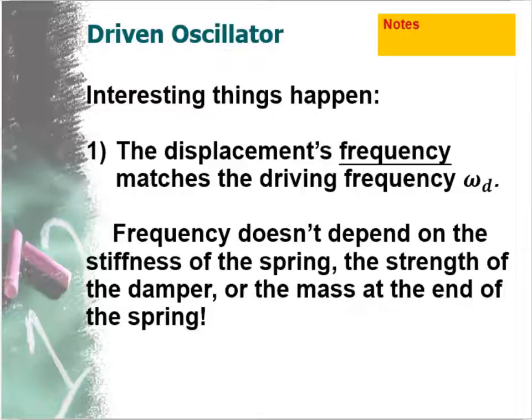Or yesterday we learned that the damping constant b also has an effect on the frequency at which that system will oscillate. But now that we're driving it with an external force that has a frequency omega d, all of that goes out the window, which is kind of an interesting fact. So the frequency is always determined by the driving frequency.